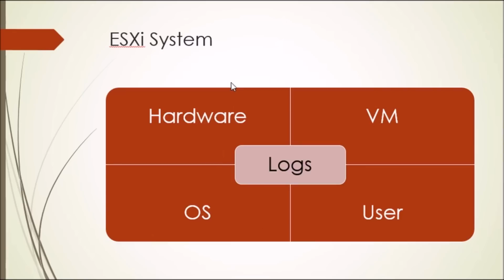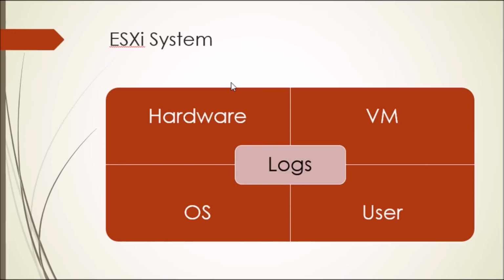Now, on an ESXi system, the logs are further subdivided into hardware, OS, VM, and user. Hardware events are events which are written in the IPMI system logs, or written in the boot.gz. It can also be traced by, for example, if you're running into an issue wherein the system refuses to boot and it gets stuck at a purple screen, then you can enable serial line logging as well.